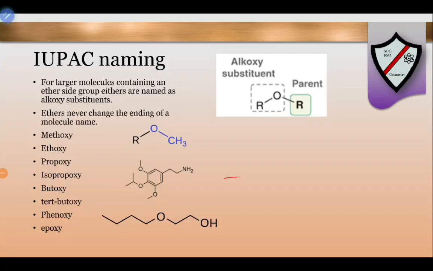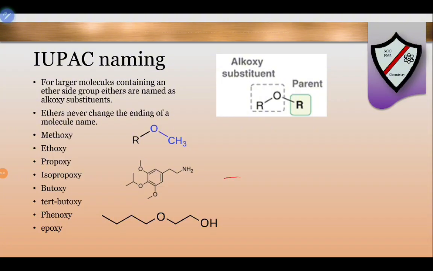Now we will discuss the nomenclature as it relates to the ether part of the chapter. There are kind of two schools of thought when it comes to naming ethers. If you have to name an ether as a side group in a larger molecule, we'll probably default to the IUPAC naming for ethers.